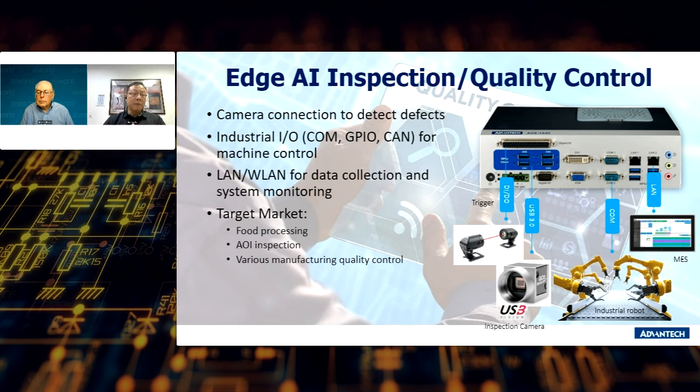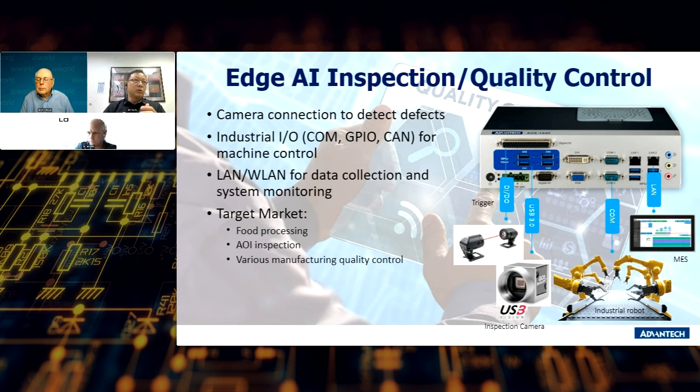There's EN 50155 for railroad type applications. There's the system IP rating. So there are many different standards not related to protocols or communication. But when you implement an industrial computer into more harsh environments, there are all different types of standards that apply to the computer that are necessary to survive in those environments.